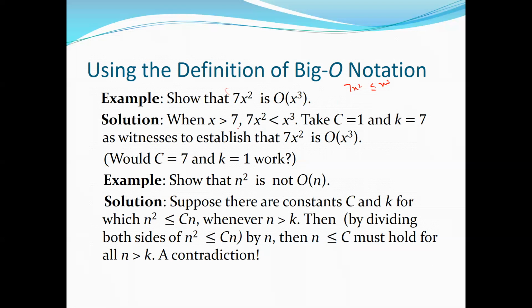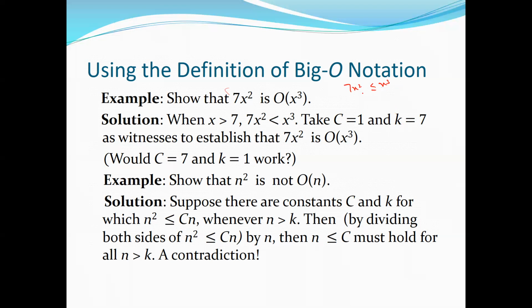So you can see x is greater than 7. That means 7x square is less than x cube, right? And c is equal to 1, and k is equal to 7.